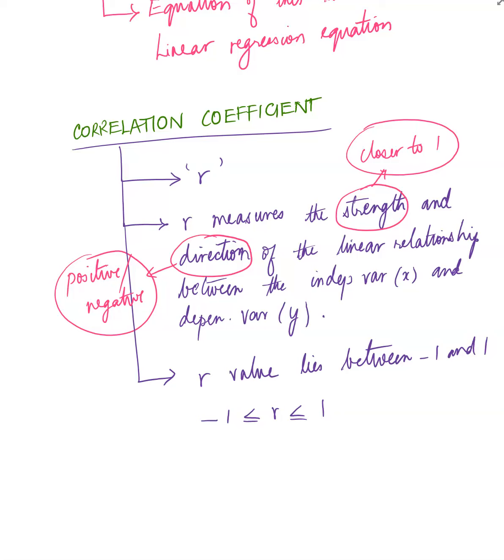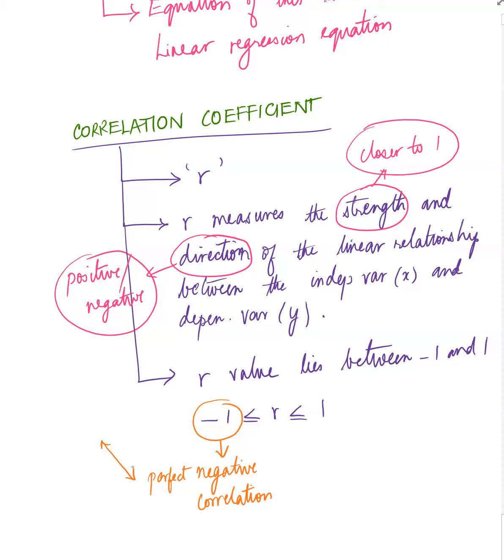So what I want to do is show that if your R is equal to negative 1, we get a perfect negative correlation. It's a very rare occurrence in reality, but if you get it exactly equal to negative 1, that means all the points line up to form a line. And when we say negative correlation, because of the negative sign, think of the slope.